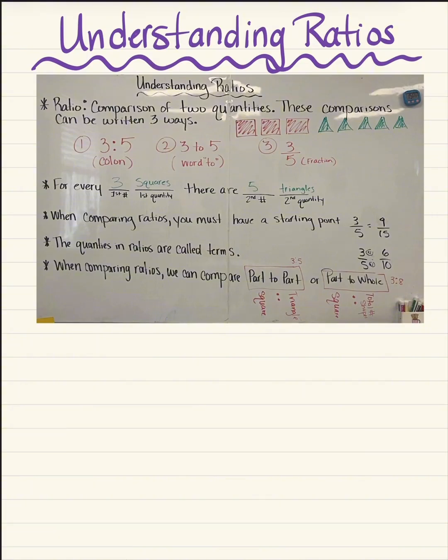The way that we would say this particular ratio is that for every 3 squares, there are 5 green triangles. Regardless of how your ratio is written, the first number or the number on the top as your numerator will always represent the first quantity that is being described, and the second number or your denominator is always going to represent the second quantity that you are discussing.